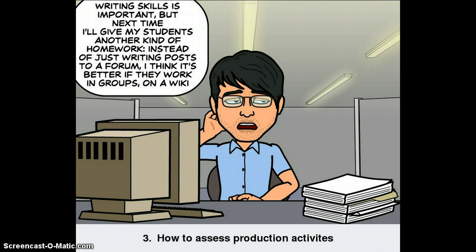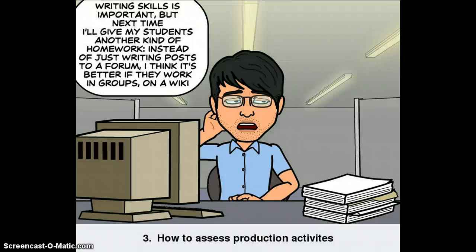The third topic I've learned is how to assess production activities, and one of the things I feel it's important to talk about is how to assess writing production activities.